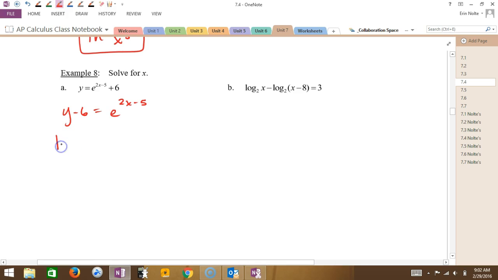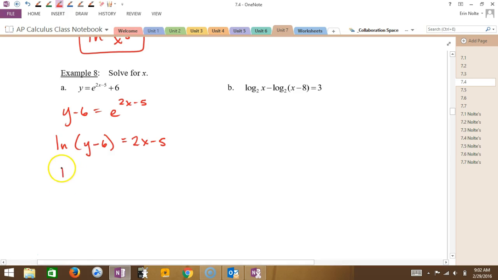So y minus 6, and then it's equal to the exponent piece. Okay. So then what would I do to isolate the x?